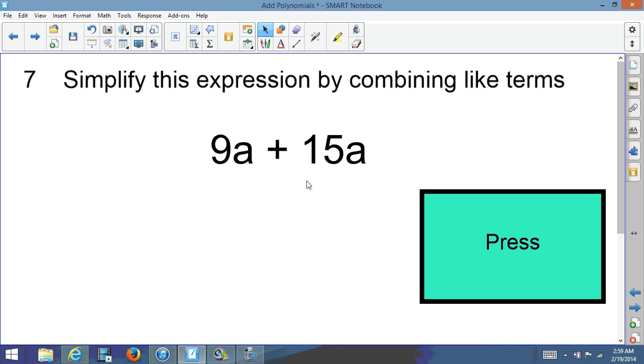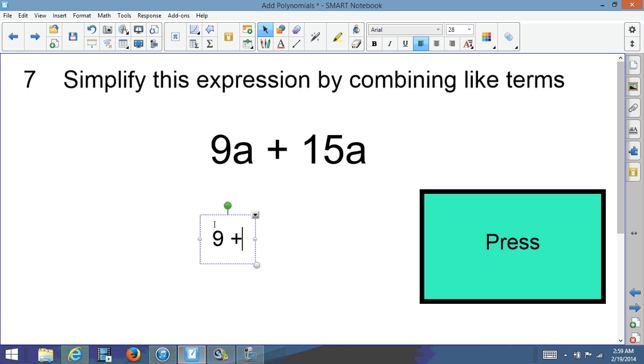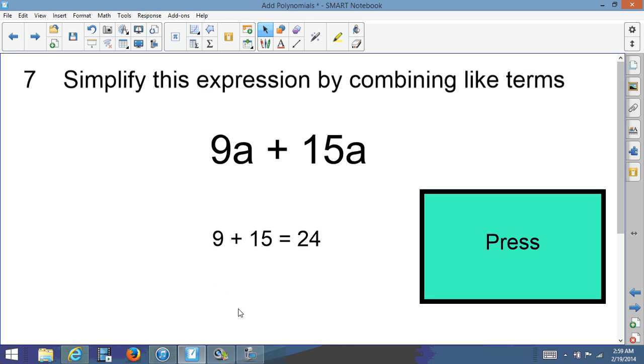Well, 9 apples plus 15 apples would give us 24 apples. So all we had to do was take the 9 and add it to the 15, and that would equal 24. So all we're doing is adding the numbers. And don't forget to put the a on there, because you're talking about apples.